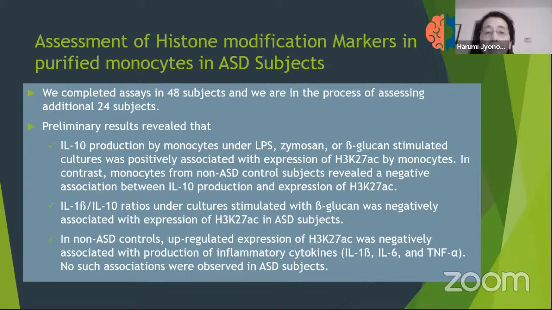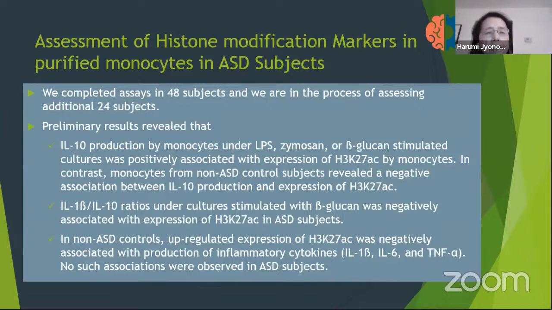And that was true, at least in the preliminary data, for the non-ASD controls. But again, the ASD subjects have a more positive association. It's not clearly positive, some of them are, so the association seems different.